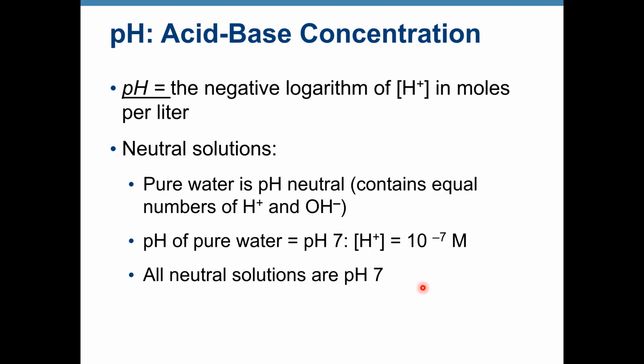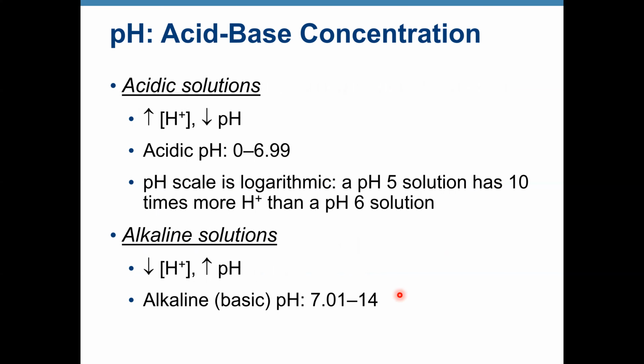So if you take 1 liter of pure water and you calculate how many hydrogen ions are in 1 liter of water, you will find it's actually 10 to the minus 7 power moles. So all neutral solutions have pH 7.